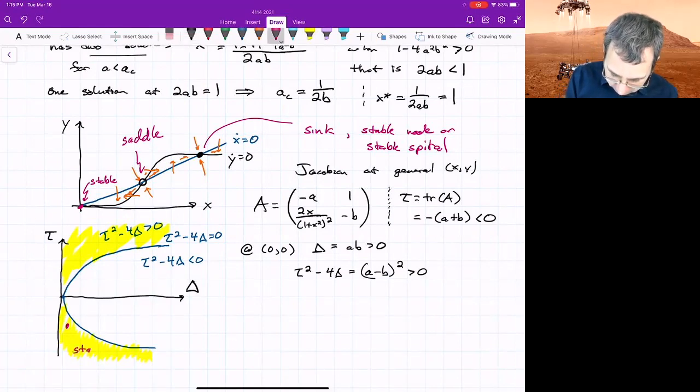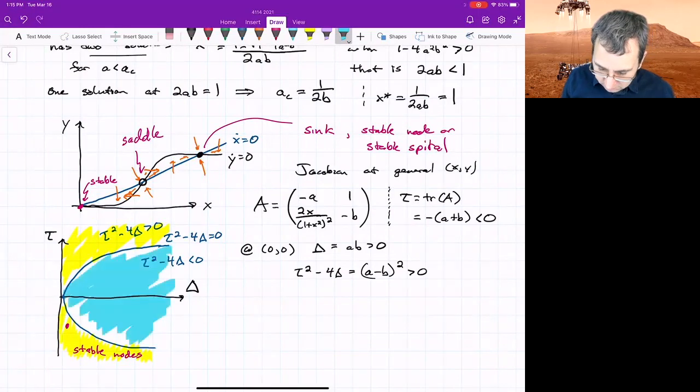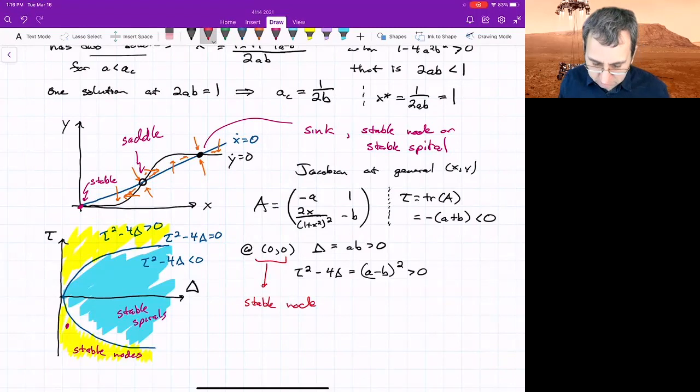So these are stable nodes. And then, maybe this is a little bit too vibrant, these are spirals. Down here would be stable spirals. So this fixed point is a stable node. Okay, that's good to know. Maybe we can even fill it in up here. It's a stable node at the origin.